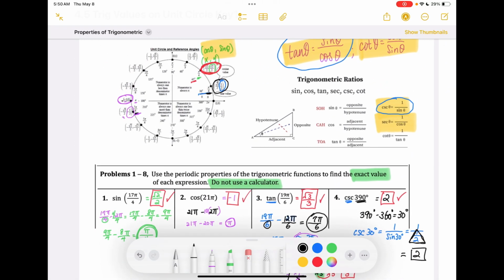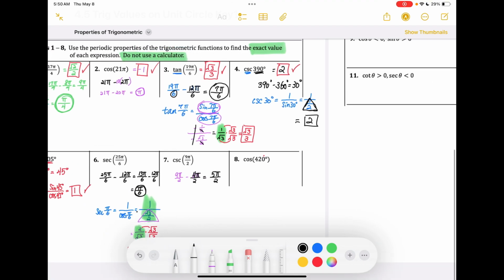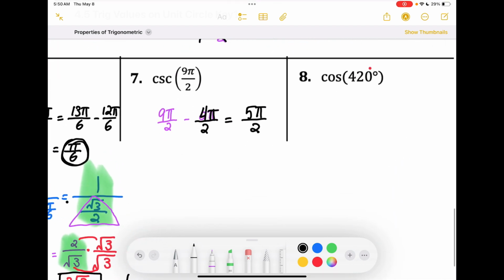Now smile. Do you ever see 5 pi over 2 from your unit circle? Not yet. So what can we do? Continue. I am going to continue minus 2 pi. Again, denominator is 2, so 2 pi times 2 becomes 4 pi. So now 5 pi over 2 minus 4 pi over 2, I got pi over 2.